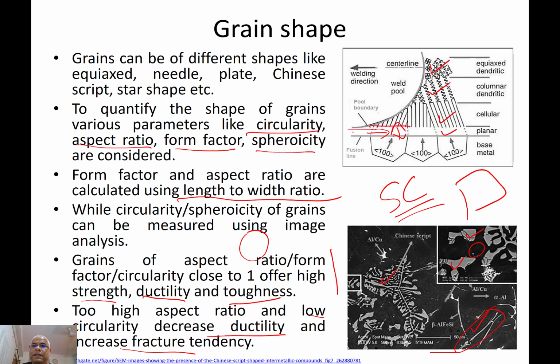Say thickness of this layer will be used in case of the planar structure, then intercellular spacing will be used in case of the cellular structure, and secondary dendrite arm spacing will be used in case of the dendritic structure. So how the size will be measured will depend upon the type of grain being considered.